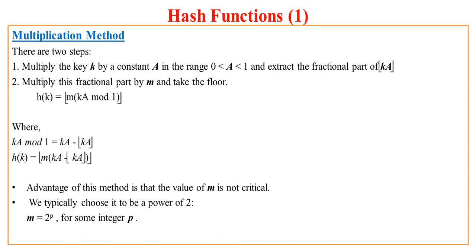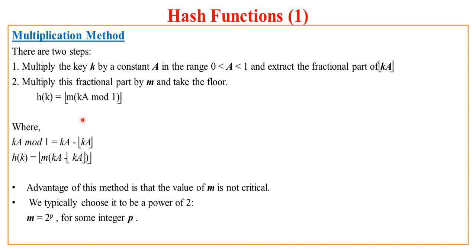Here in the case of the multiplication method, we have a key k and we multiply this key with a constant a, where a ranges strictly from 0 to 1. Whatever multiplication result we get, we extract the fractional part of that result. After getting that fractional part, we multiply it with m and take the floor of that result, and that will be nothing but the hash address of our key k.